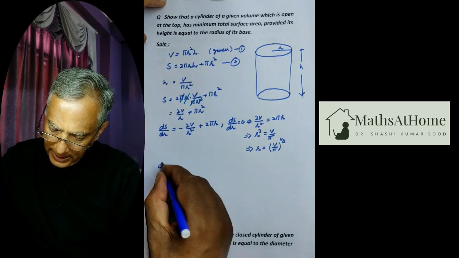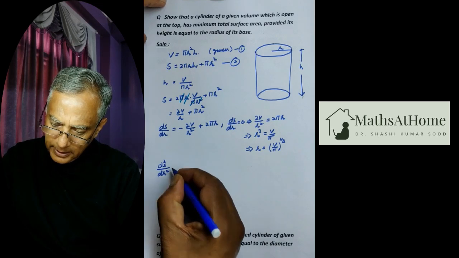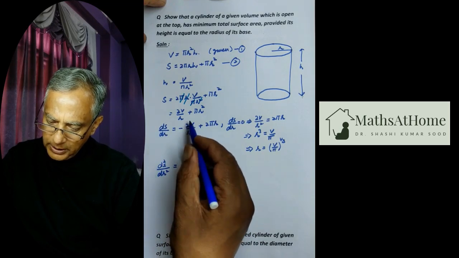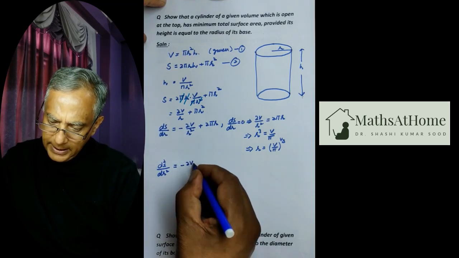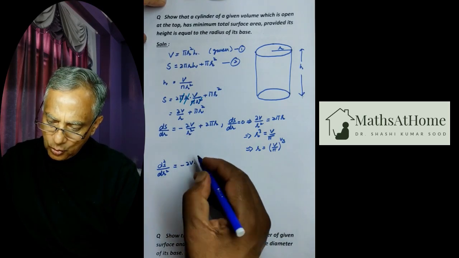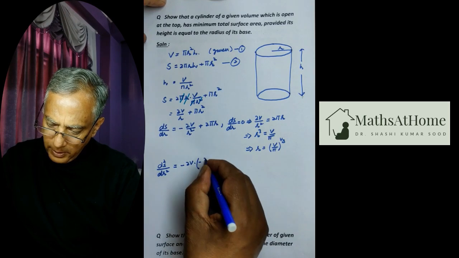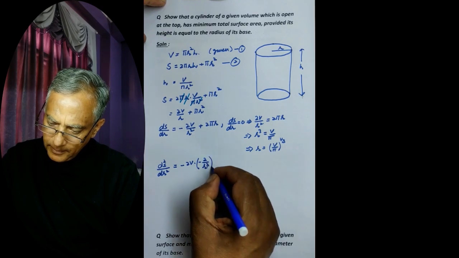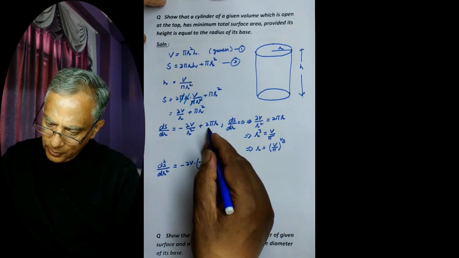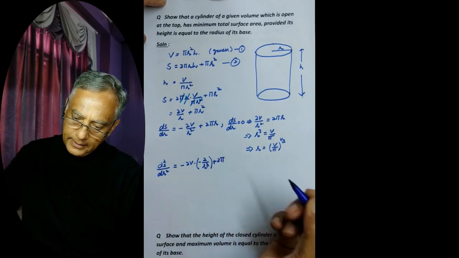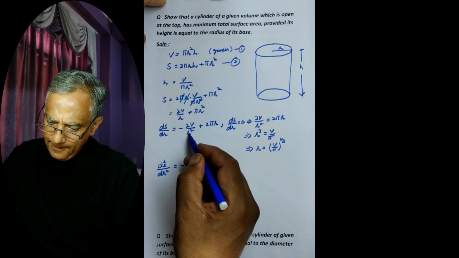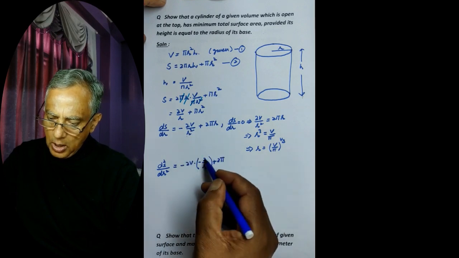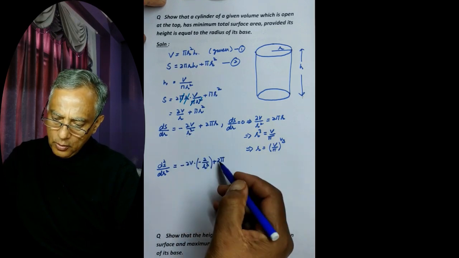So we find d2S by dR square. d2S by dR square is minus, now differential of this will be minus 2V, V is constant, and differential of R to the power of minus 2 is minus 2 R to the power of minus 3, plus differential of this will be 2 pi.